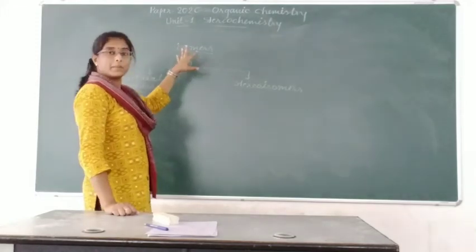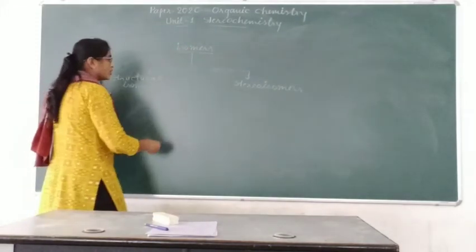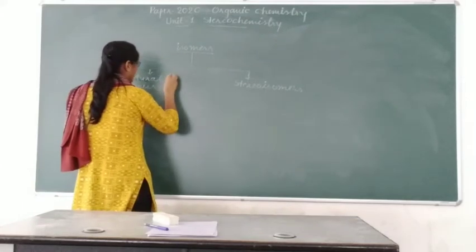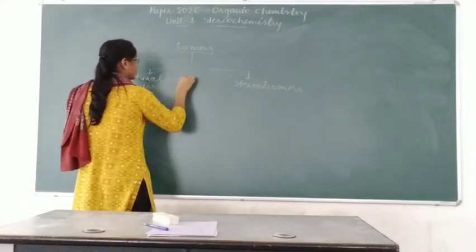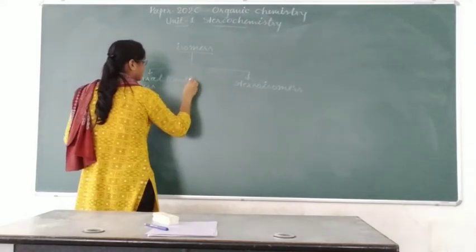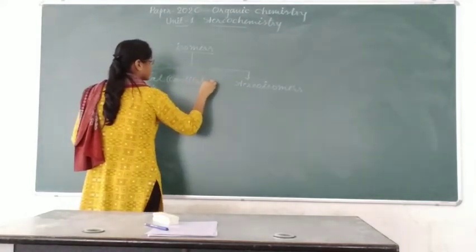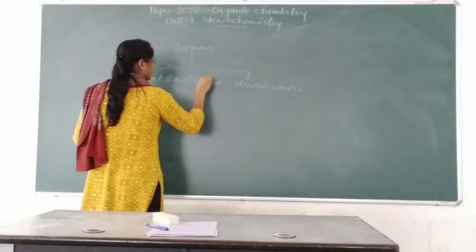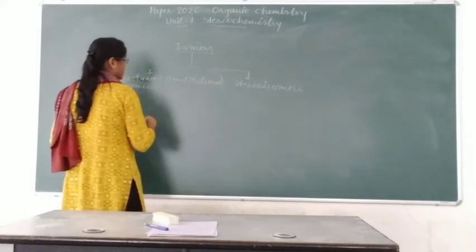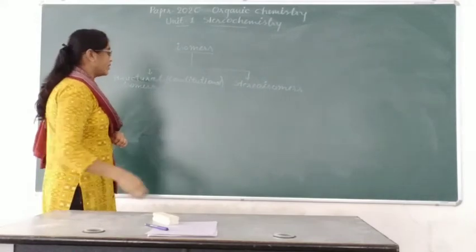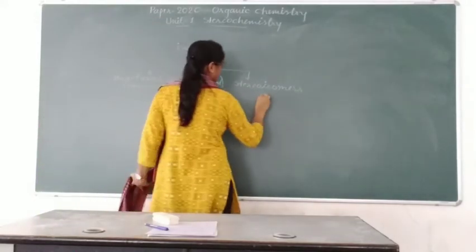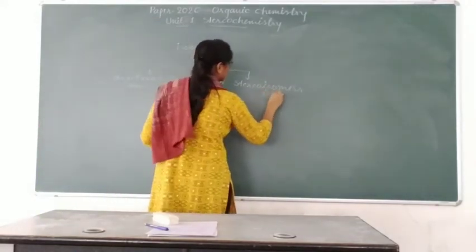Isomers are mainly of two types: structural isomers and stereoisomers. Structural isomers are also called constitutional isomers, and these are stereoisomers.